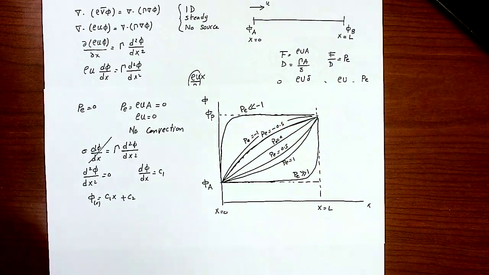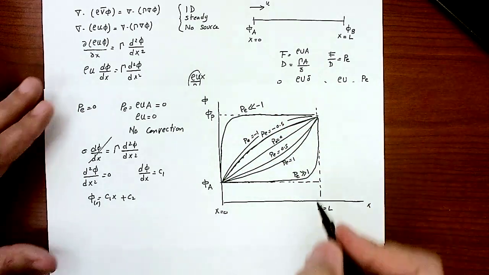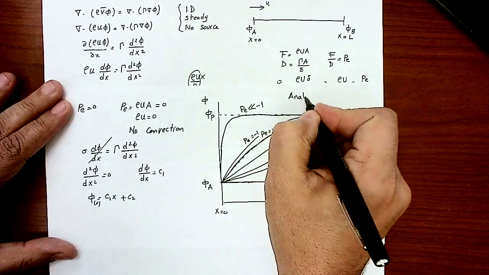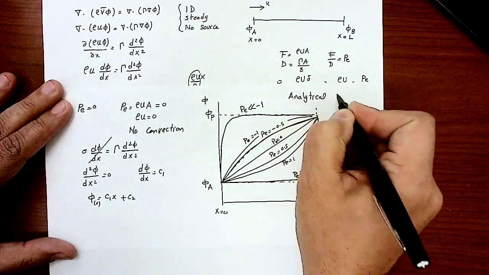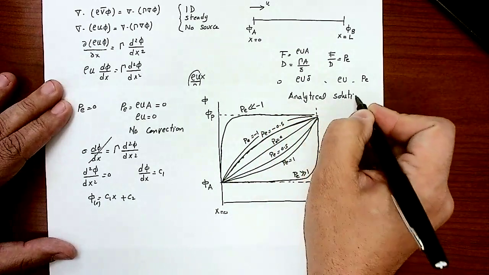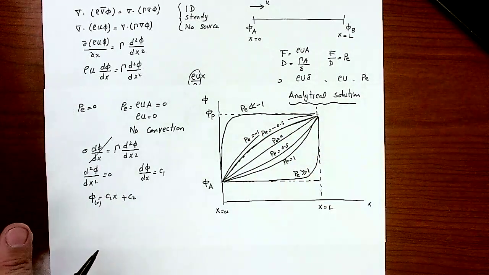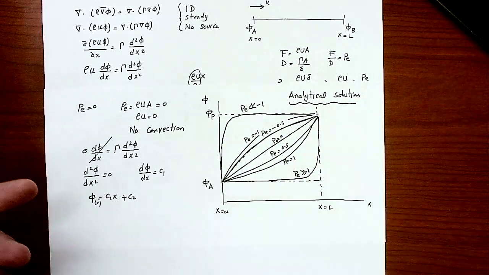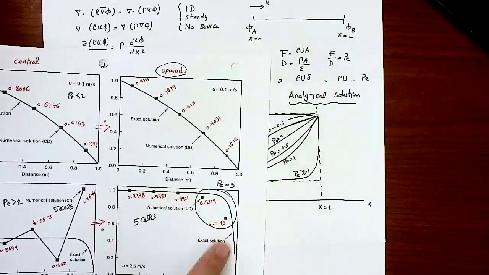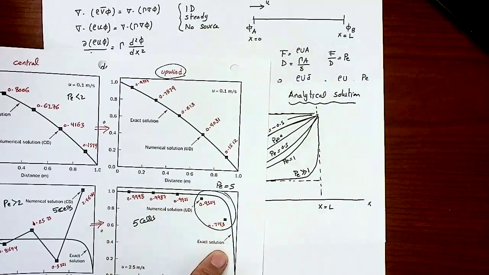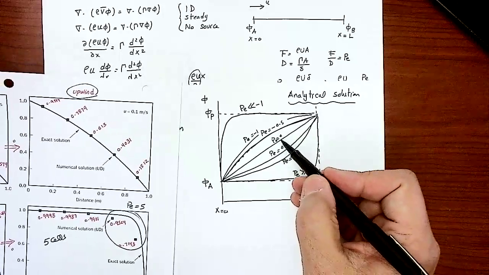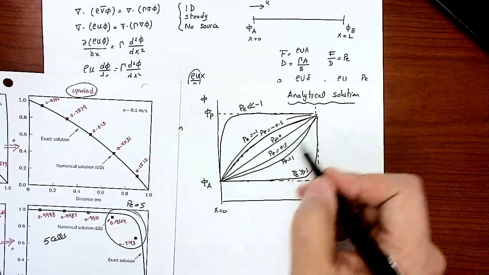Okay? So this is the analytical solution. What we are trying to do is to use one of the schemes, the central differencing scheme or upwind schemes, to match that analytical solution. That's what we're trying to do here, right? You see that as you move away from Peclet number equal to 0, you lose the linearity of the solution.